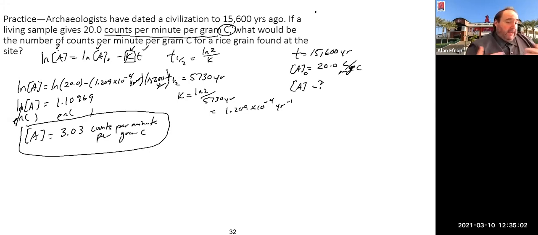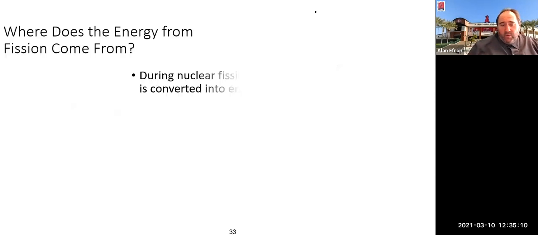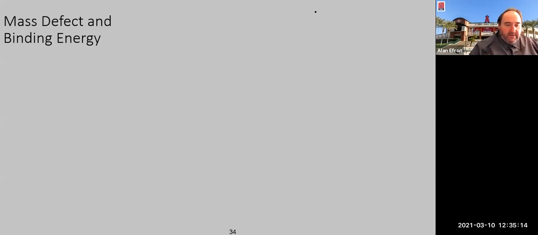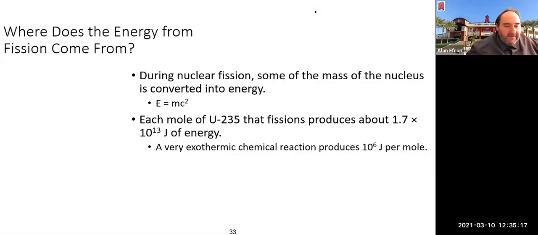Okay, then the next thing we're really going to talk about is fission and what happens with fission, where that energy comes from. First off, fission essentially is the idea where we have an unstable nucleus, and this could happen spontaneously.